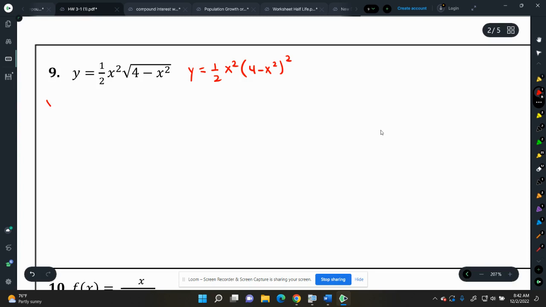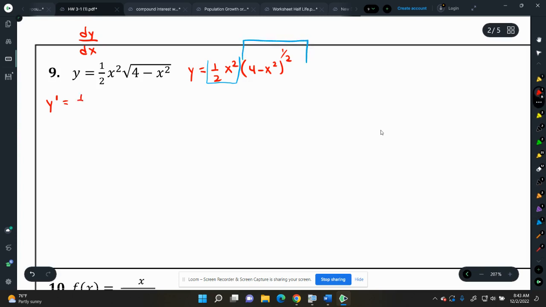So y prime, which by the way is the derivative of y with respect to x. I think I said 1/2 and wrote 2. So remember, y prime, that's dy/dx. We're taking the derivative of y with respect to x. So this is a product rule. Here's the first, and then here's the second.